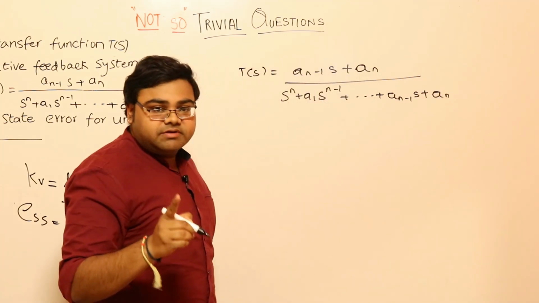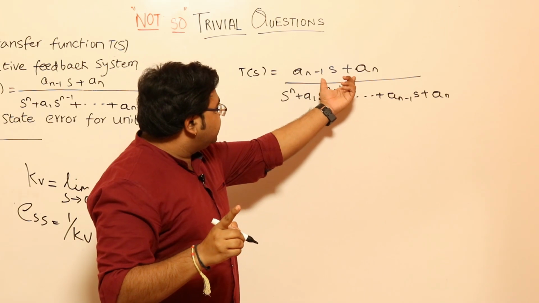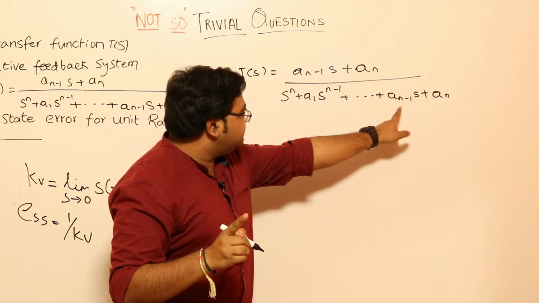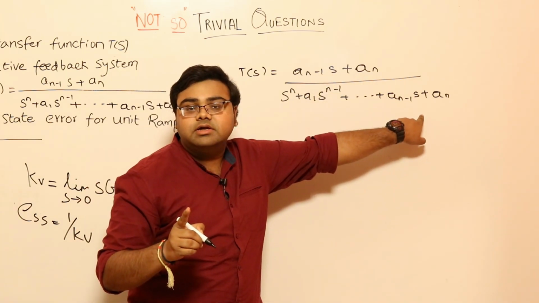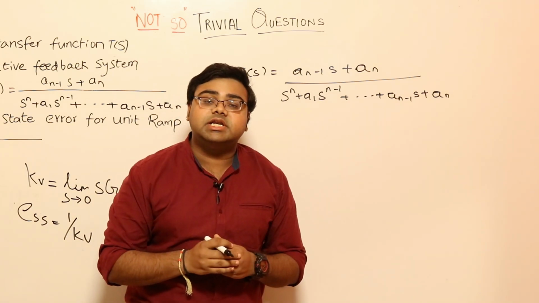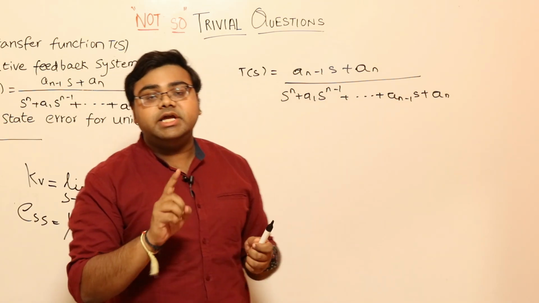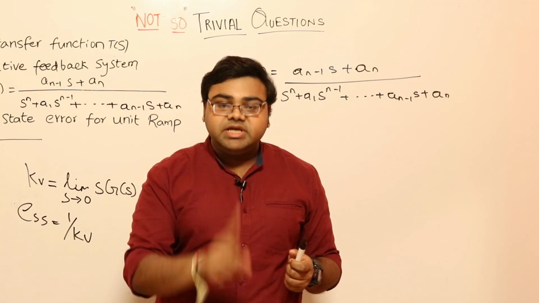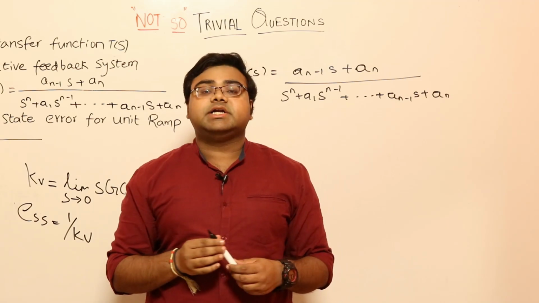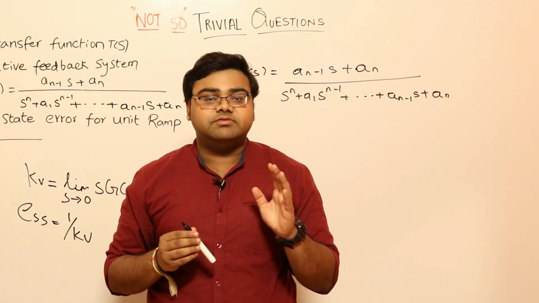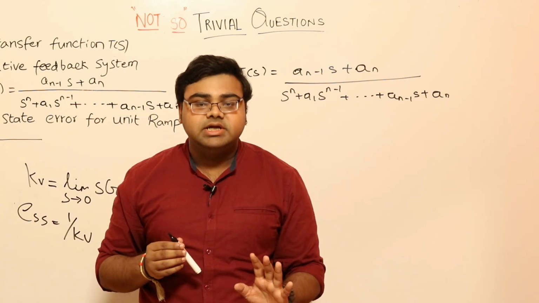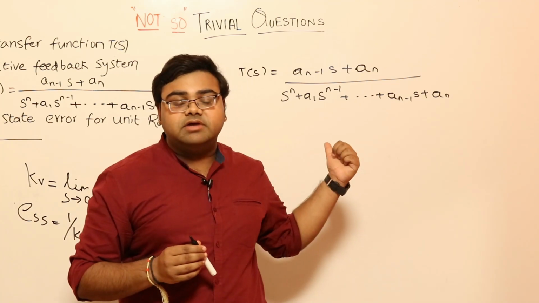What you can observe, everybody, is that the numerator has this portion and the same thing is repeated over here. Why is that essential? Because it is unity negative feedback, which means H is equal to 1 and the transfer function of the system is of the form G by 1 plus G, and I have to get it in that particular form.